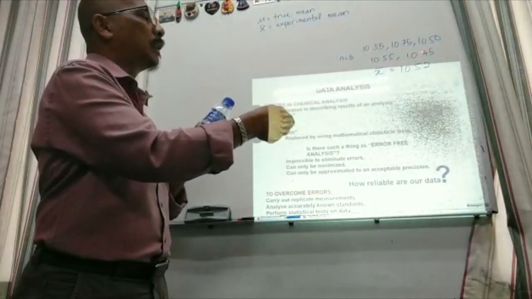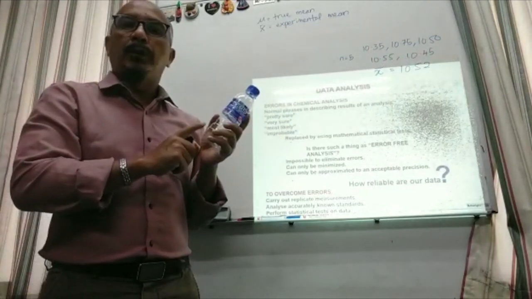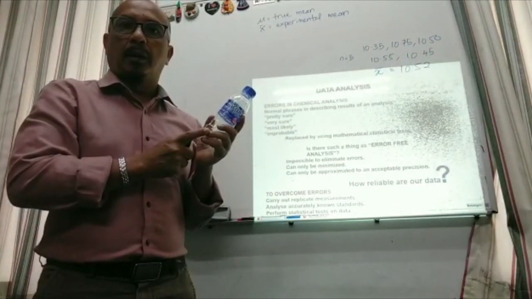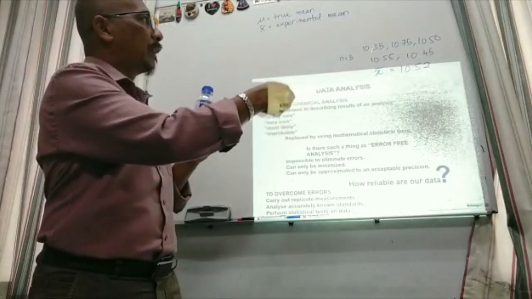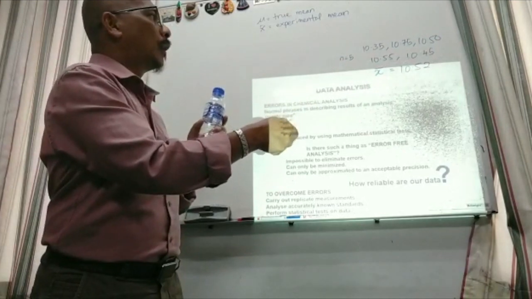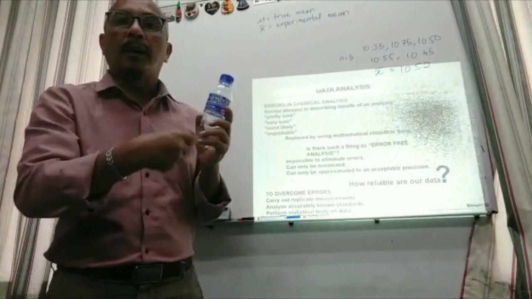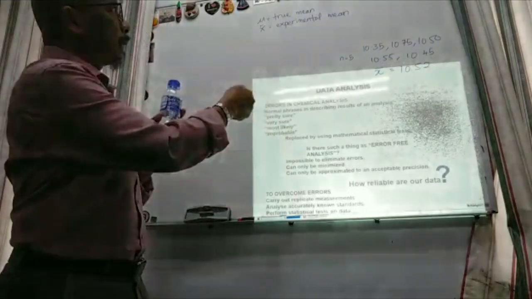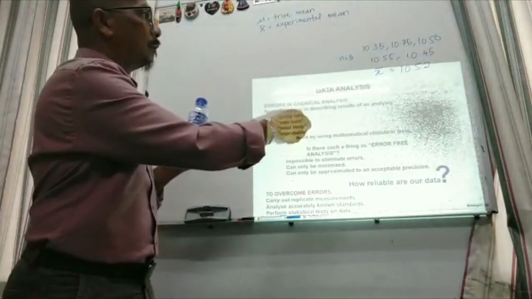This is 5 replicates from our experiment. If we average this set of data, we get 10.52. So the average here we call the experimental mean.